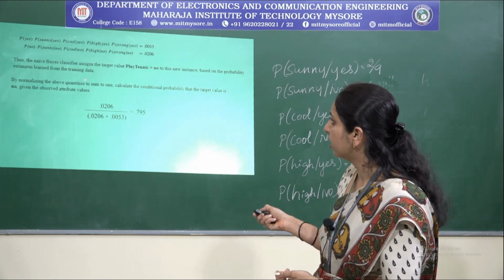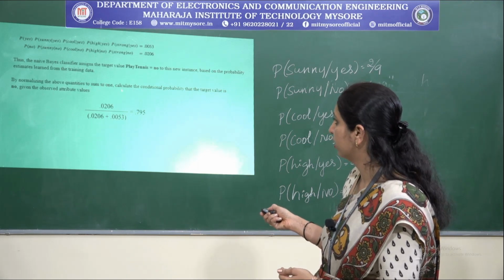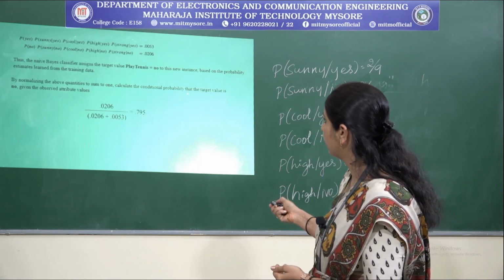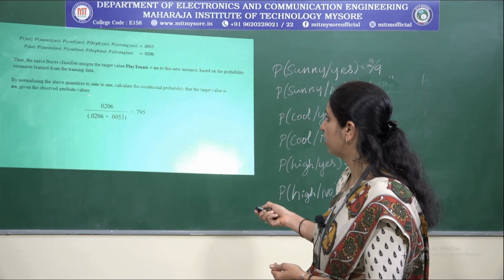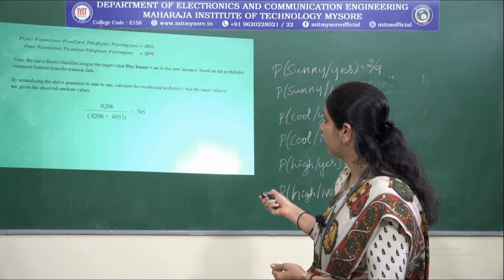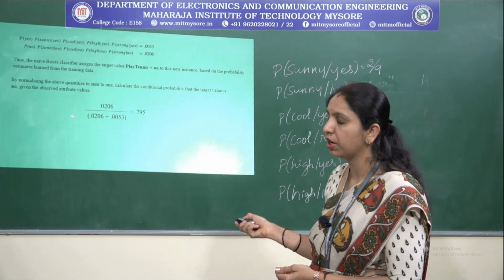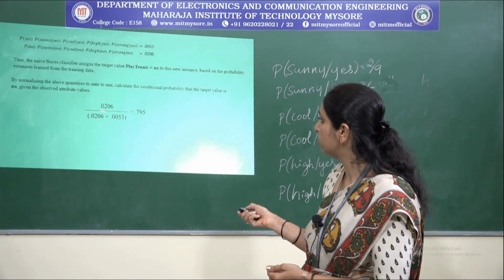By normalizing the above quantities to sum to 1, we calculate the conditional probability that the target value is no given the observed attribute values. The same values can be substituted, but in the denominator we add these two values.